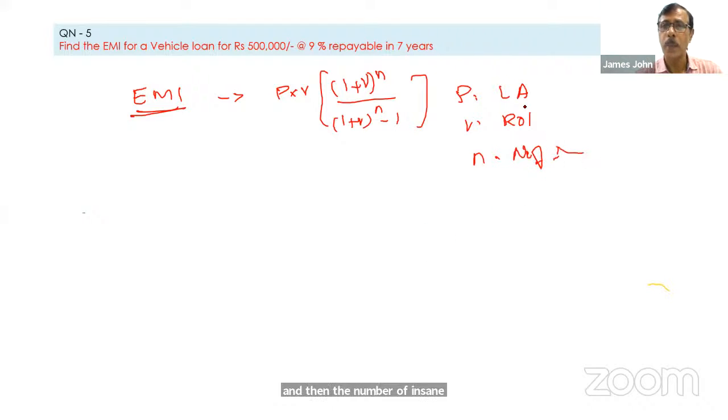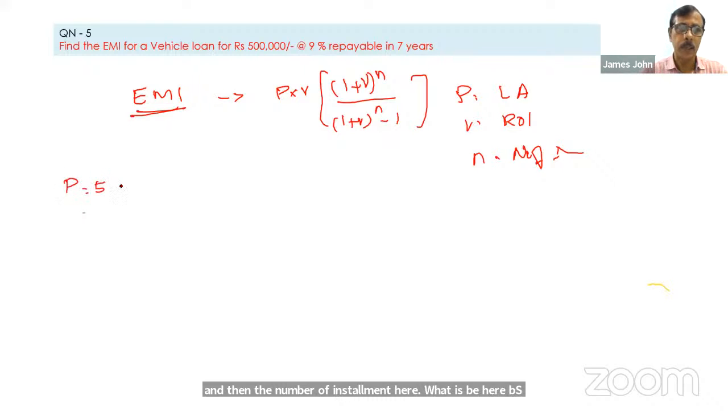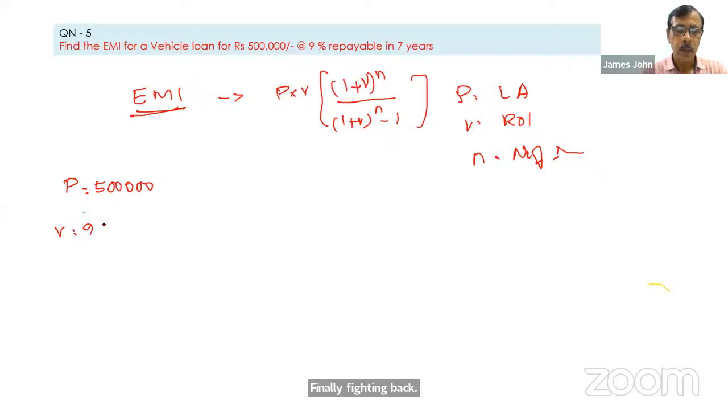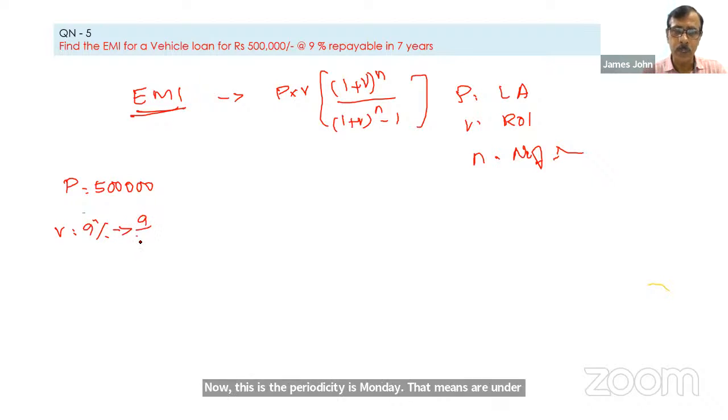Here, what is P? P is 5 lakh. And what is R? 9%. Now, the periodicity is monthly. That means R becomes R by 1200, so 9 by 1200.